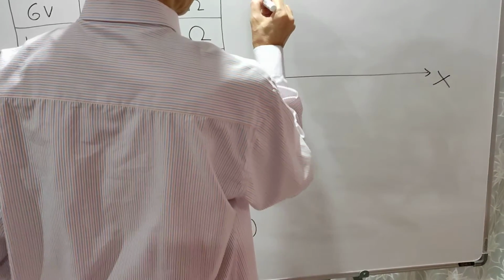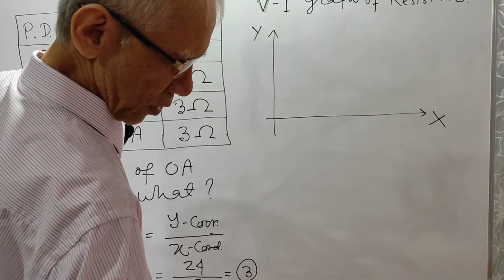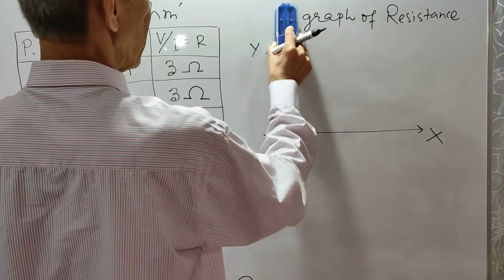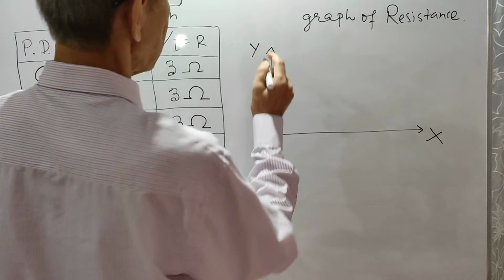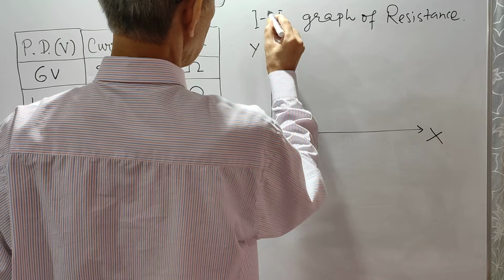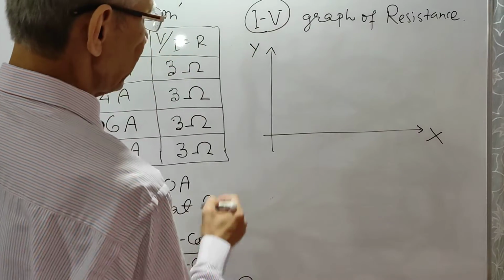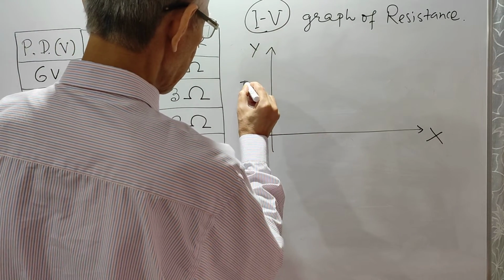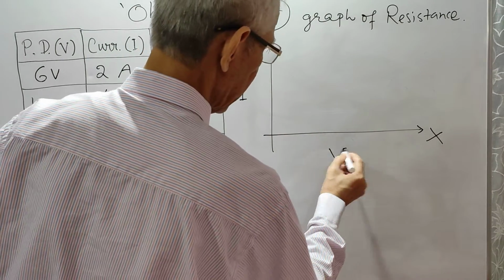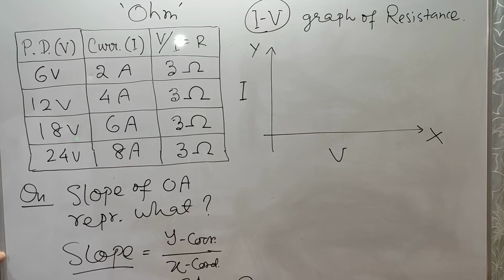We are going to draw the IV graph. This side we will take I and this side we will take V. So along x-axis V, along y-axis I.